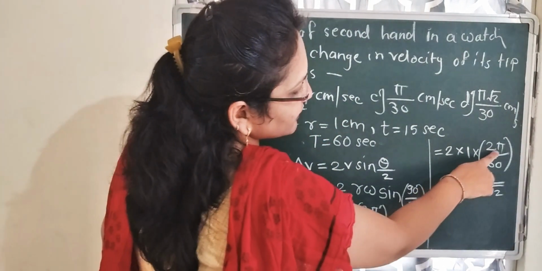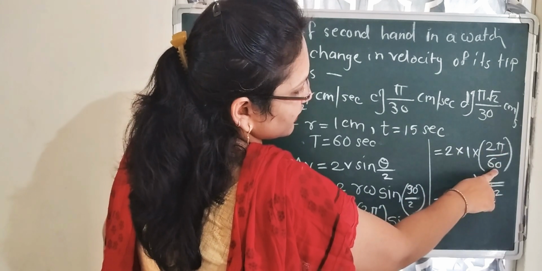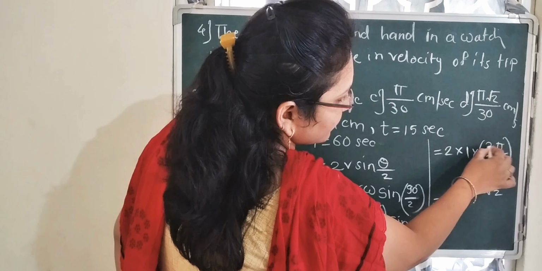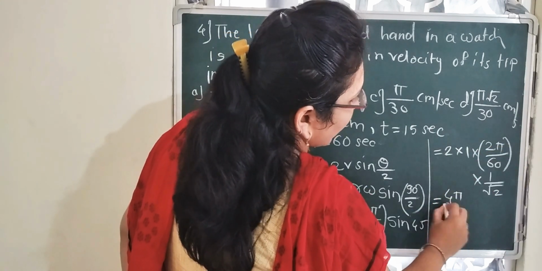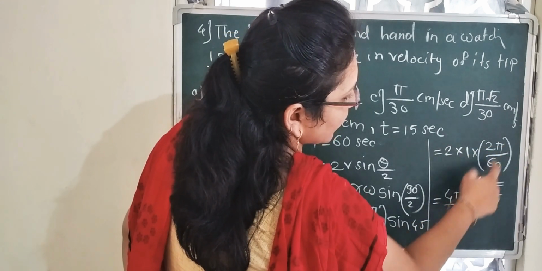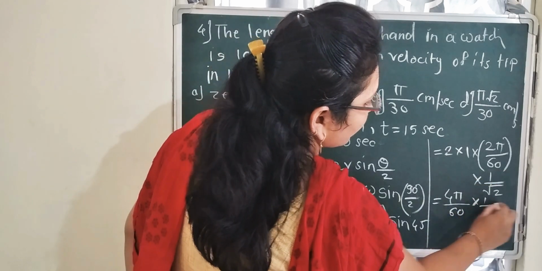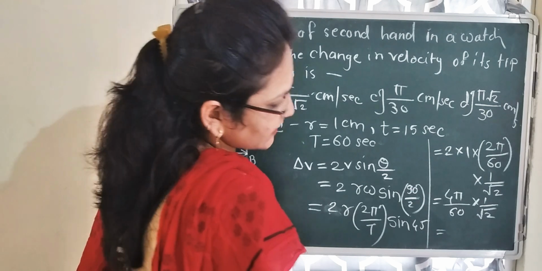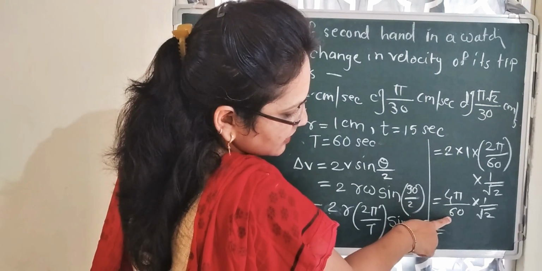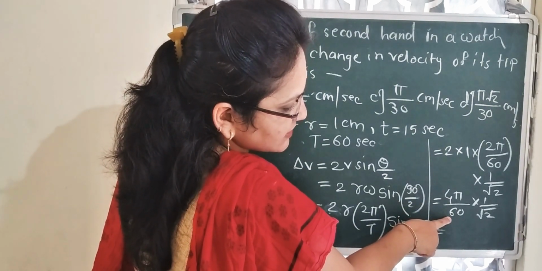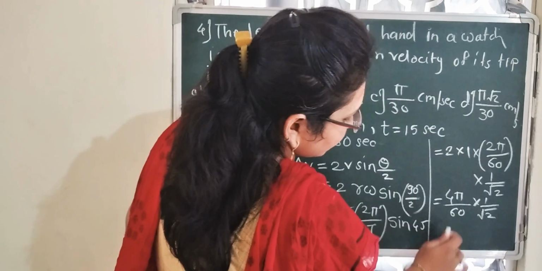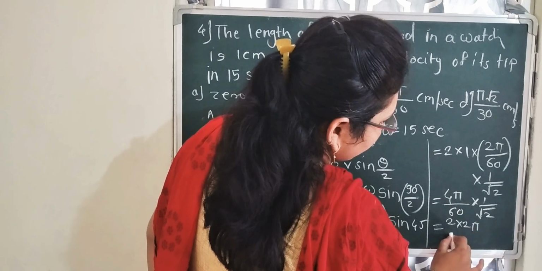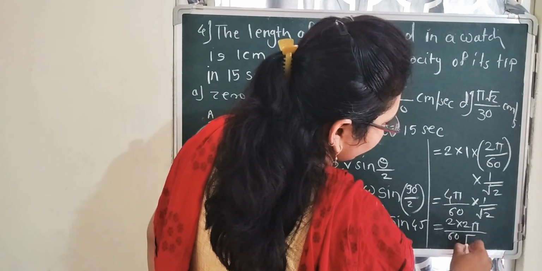Here we can get pi by 30. So we can write 2 into 2, 4 pi upon 60 into 1 upon root 2. Here we can write 2 into 2 pi upon 60 root 2.